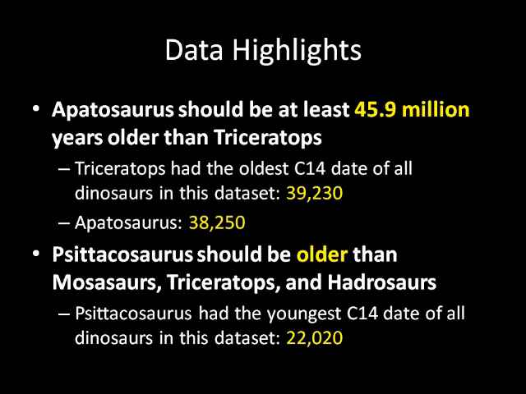The Psittacosaurus should be older than the Mosasaur, the Triceratops, and the Hadrosaurs, but the Psittacosaurus had the youngest carbon-14 date of all the dinosaurs in the data set at 22,020 years. So the ones that should be younger are measuring older, the ones that should be older are measuring younger. At that point, you can't even use it as a relative method of comparison, because it just scrambles the evolutionary timeline.